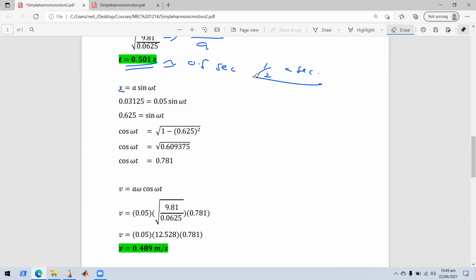Dividing 0.03125 by 0.05, we get 0.625 is equal to sine omega t.